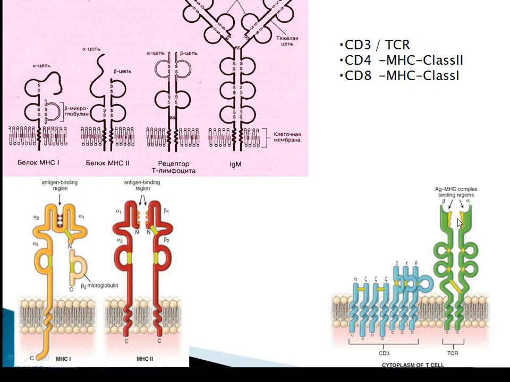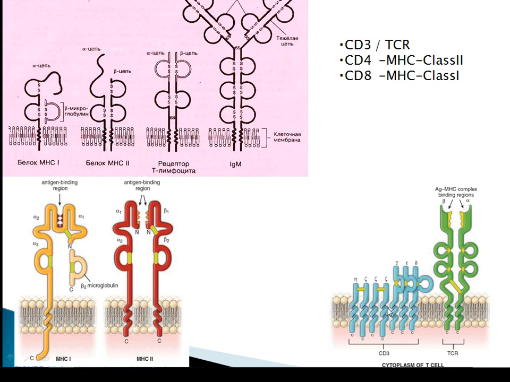The receptors on the B lymphocyte that serve for recognition of antigens are surface immunoglobulins, for example, this one. They are present on the surface of B cells and necessary for recognition of antigens. So here we can see the T cell receptor and the MHC1 and MHC2 molecules.